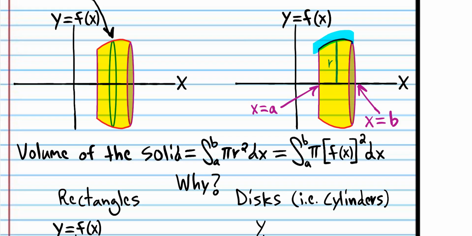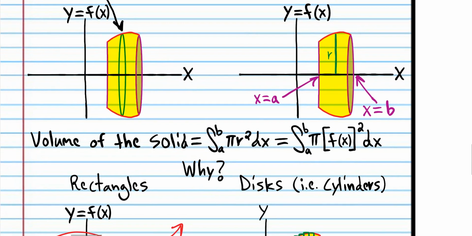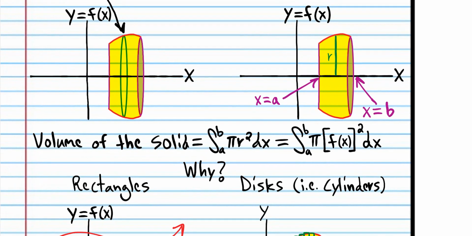And remember, this red graph up here is given to us by graphing f of x. So that's why that length is just f of x, and so we just have to find the value of this definite integral, and that gives us the volume of the solid.